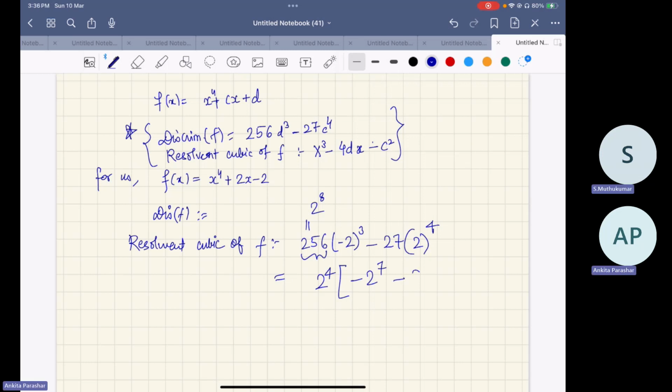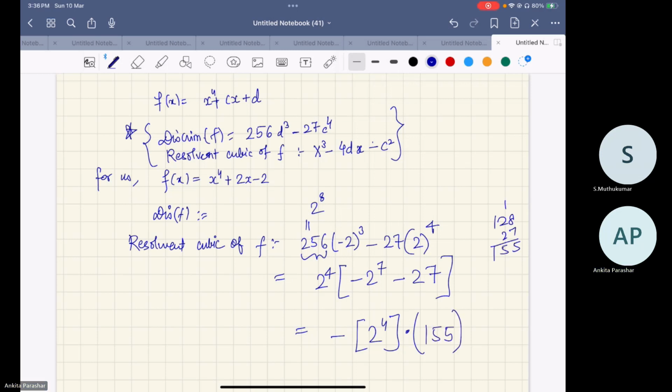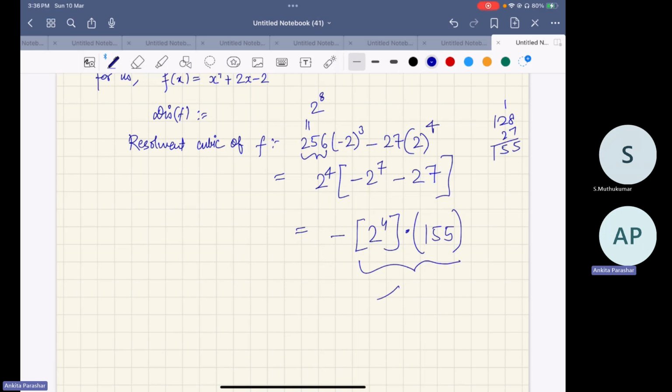Then followed by minus 27. And that seems to be negative. Minus 2 power 4 times some number. I think you can write it as 128 plus 27, which is 155. Now easily you can see this is a negative number.